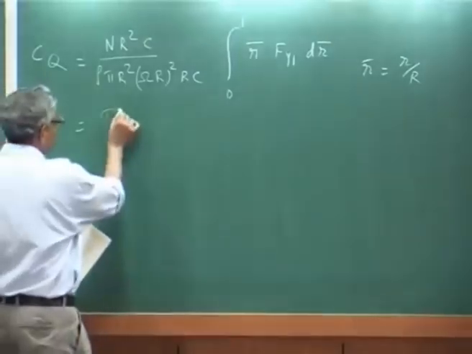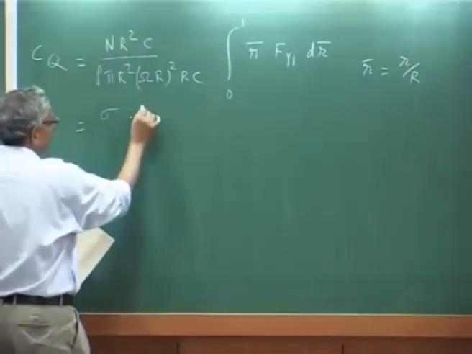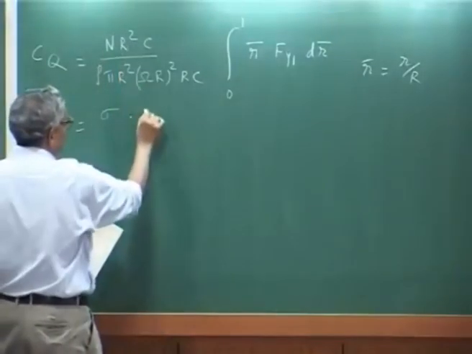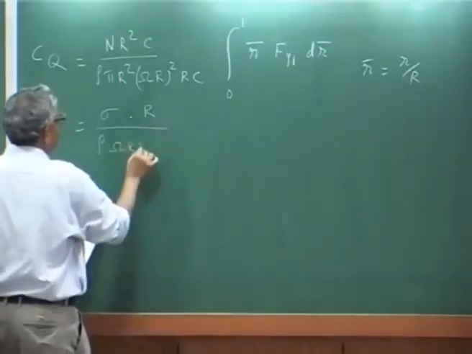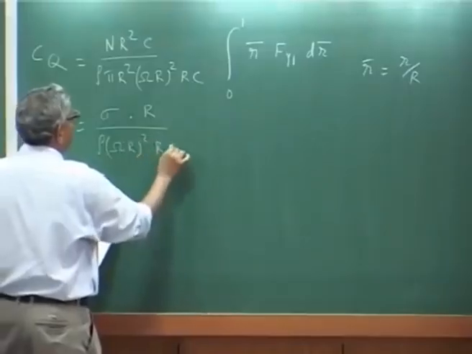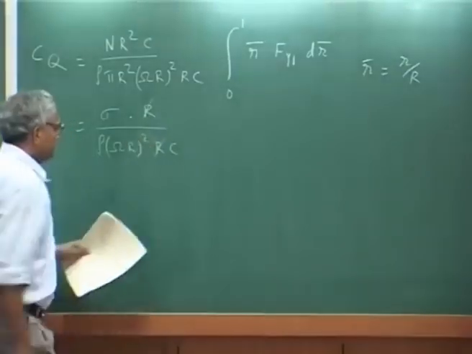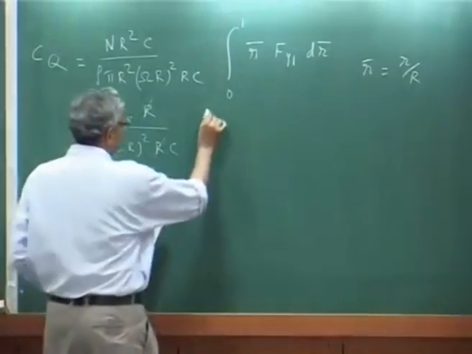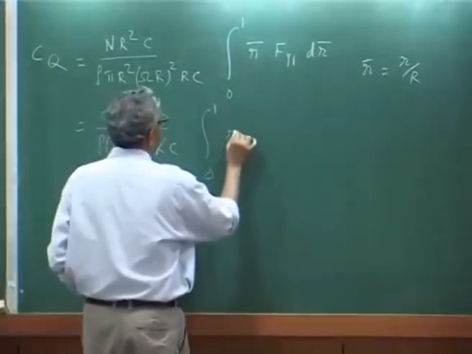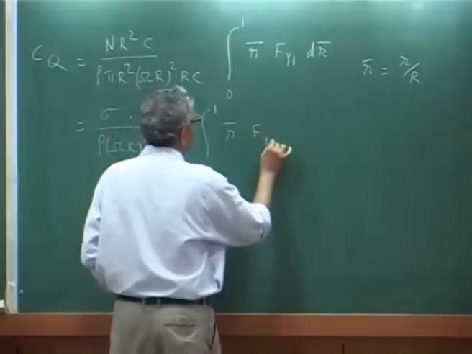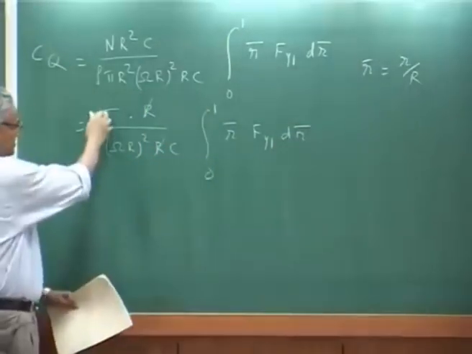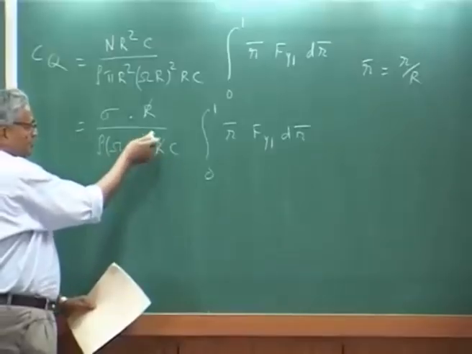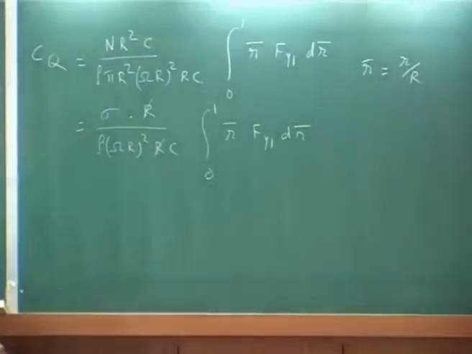So, you will write sigma into 1 r you will put, rho, cancel out this and you will have only this term. Okay. So, this is sigma rho omega r whole square in the denominator.